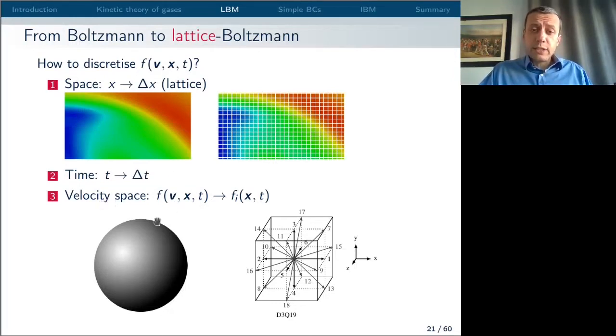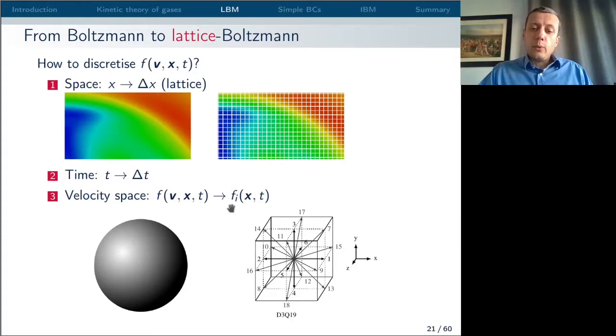The real novelty here is that we also have to discretize velocity space, which means instead of working with an infinite number of possible velocities that a given molecule can have, if you think about a molecule, it can move in any direction with any speed, in principle.